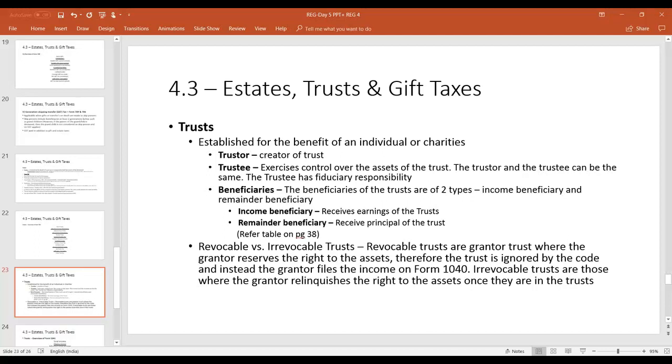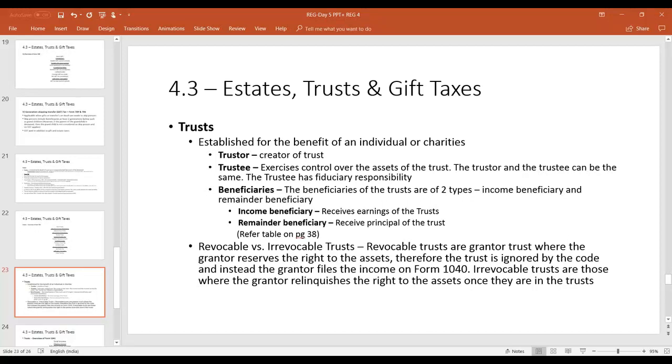He reserves the right to the assets. So he's just created a grantor trust. Maybe he would make it an irrevocable trust at a later point of time, but as long as it remains revocable, he does not need to file a separate tax return for this trust. Everything goes on his Form 1040.